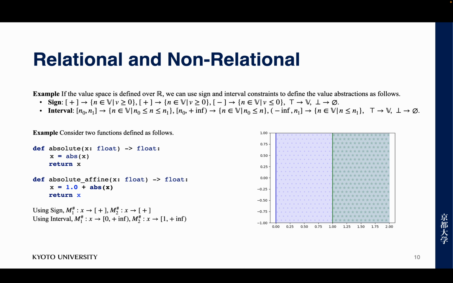For the following two programs, when using a sign abstraction, we cannot differentiate them. But if we use the interval abstraction, we will be able to produce different results. Because if we are using sign abstraction, both programs will basically produce a plus.